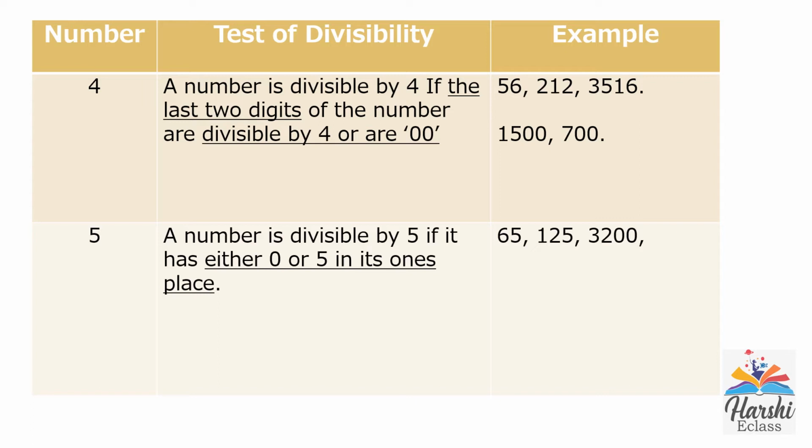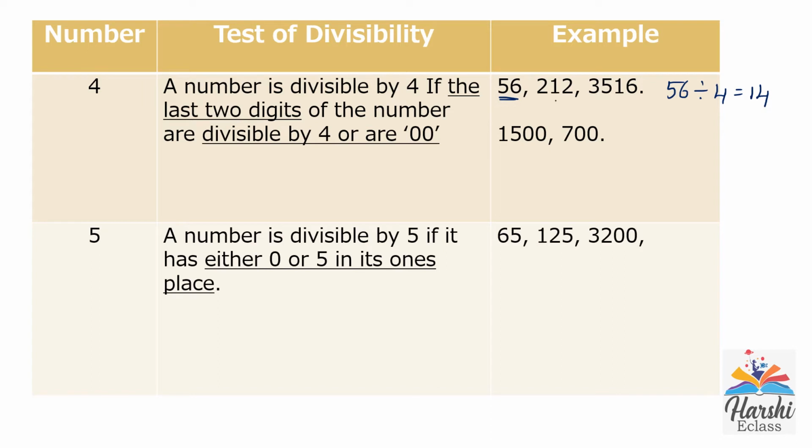In case there are only two digits in the number, like 56, we need to check whether those two digits are divisible by 4 or not. 56 is completely divisible by 4. 4 ones are 4. 4 fours are 16. So 56 divided by 4 is equal to 14.